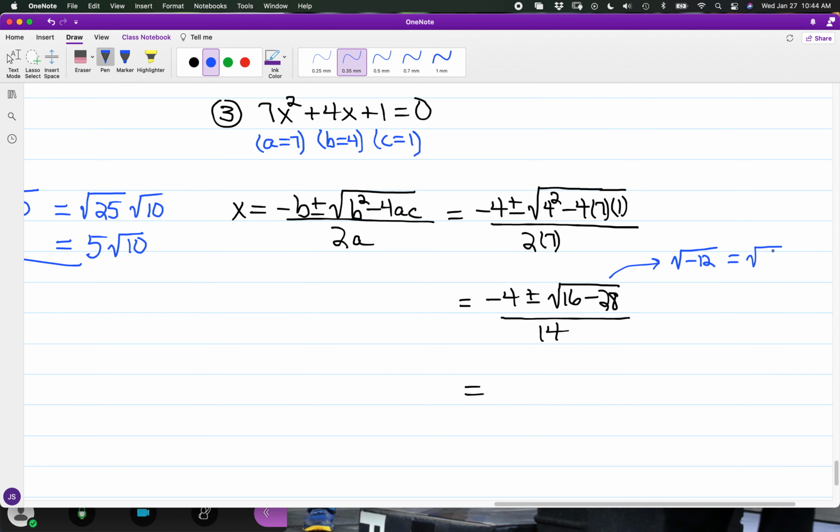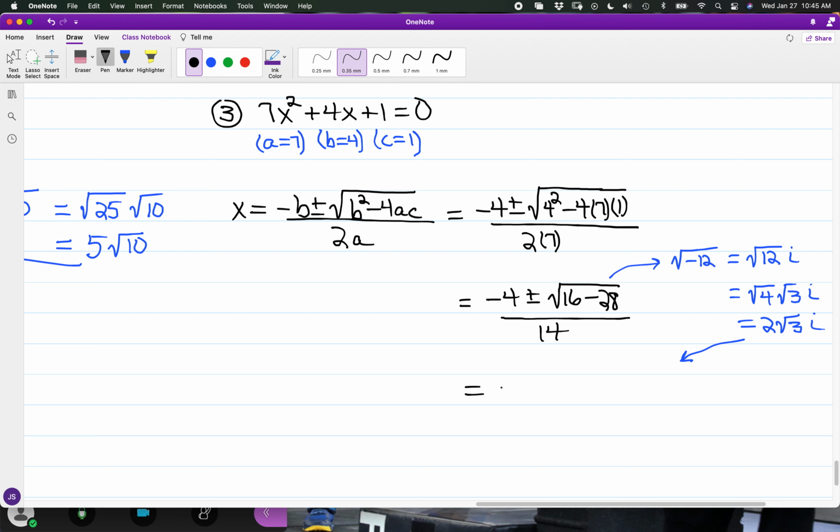And so we have the square root of 12 times i. 12 is not a perfect square, but it can be reduced as a radical. So I had the square root of 4 times the square root of 3 times i. So I have 2 times the square root of 3i.